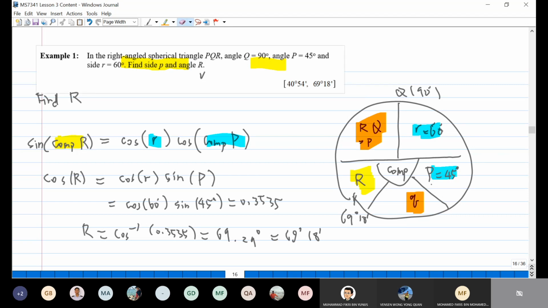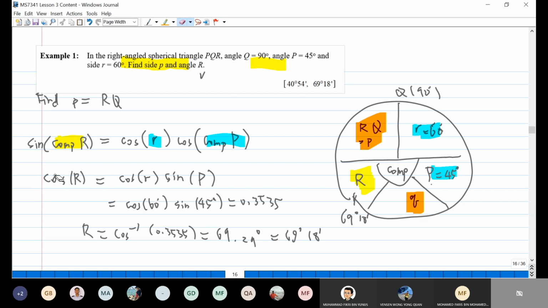Now I want to find P, the side P, small p. So let's try this now.